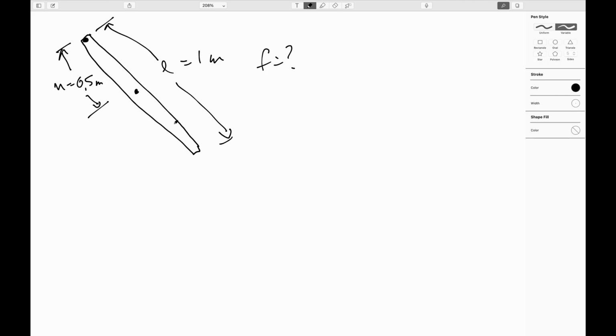Now, using the result that we had, we had that f was equal to 1 over 2 pi root mgh over I. In fact, with h, let's just call that L over 2, and it'll be even easier.